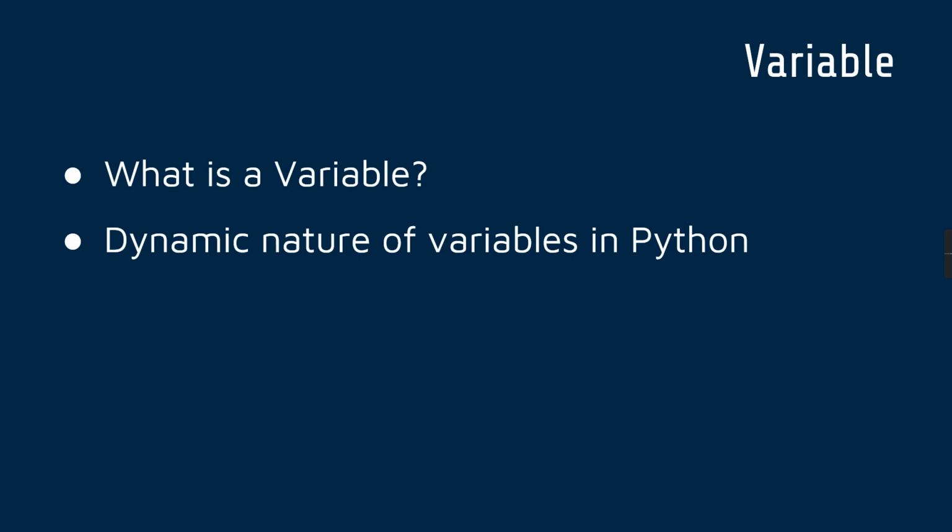In Python, variables are actually a bit easier to define compared to every other language. For example, if we take C programming, when I want to define a variable called a, and I want it to be an integer, I have to write something like int a.